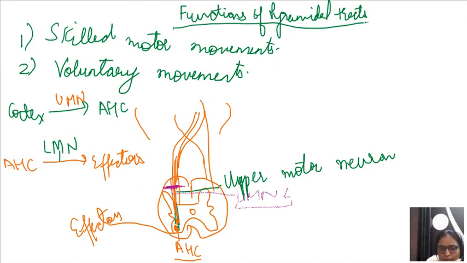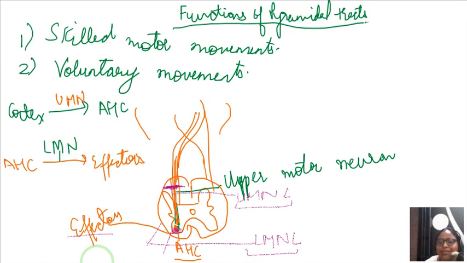Simple. And if I say the patient has the injury or the lesion here or here, anywhere from the effector to your anterior horn cell, the type of injury would be a lower motor neuron lesion. Up to here it is clear? Fine. It is very simple. You have to build the concept that the neurons coming from the cortex up to the anterior horn cell are your upper motor neurons, and from the anterior horn cells to the effectors, they are your lower motor neurons.